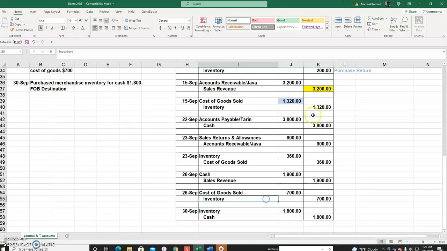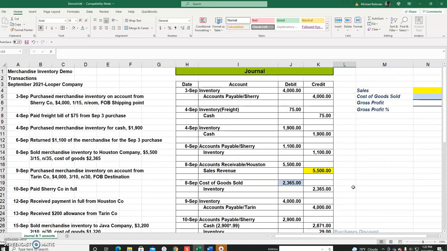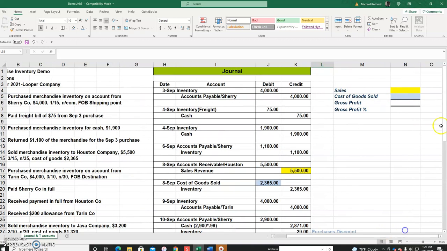Now, as far as the sales revenue and the cost of goods sold, remember we were highlighting that to help us do our calculation. So, let's do our sales first. Now remember, this is not an official calculation.